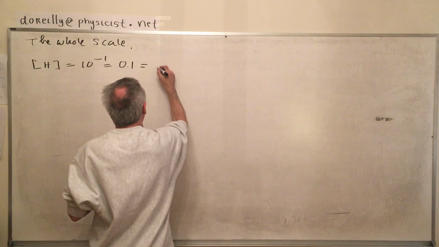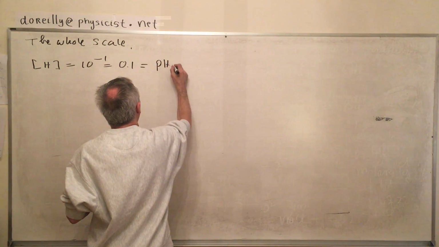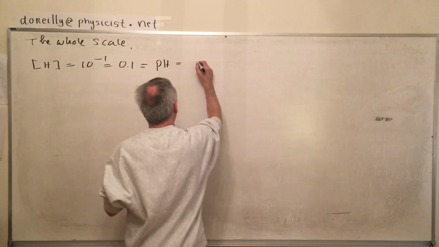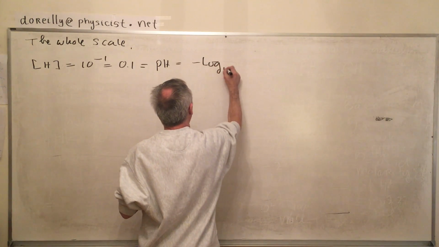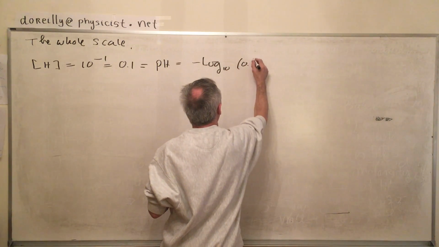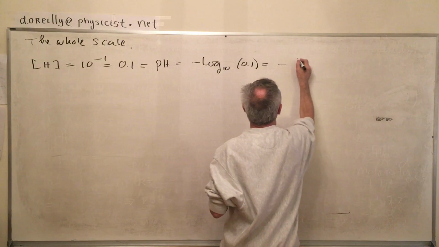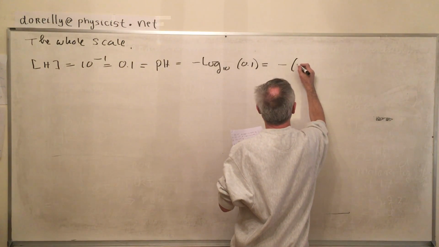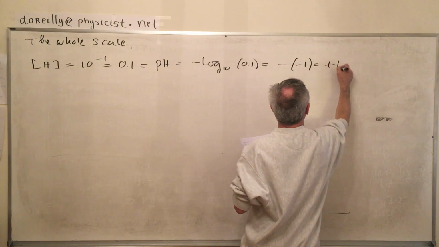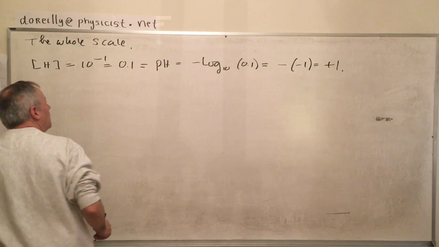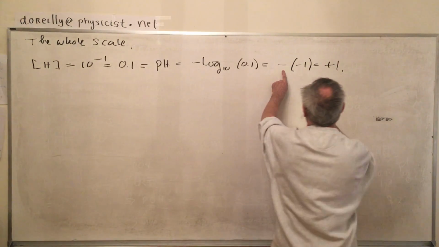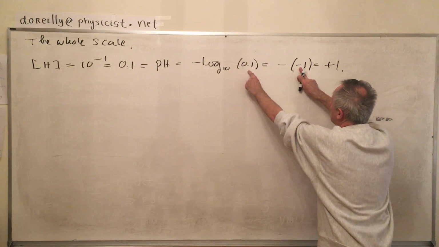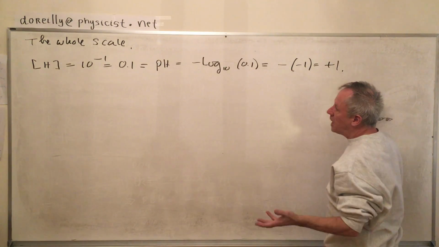Then we go, so now the log of a negative number, it's a fraction, so the log of 0.1 is minus 1. I just happen to know that.